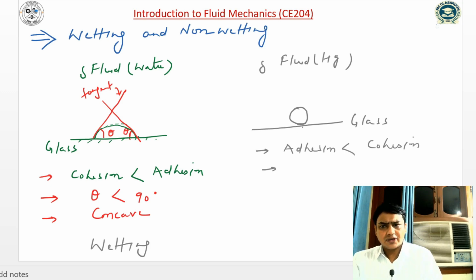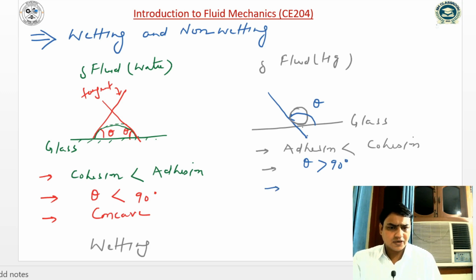Second, if I draw the tangent on this surface, what will be the angle? This angle theta is greater than 90 degrees, and the nature of the curve on this surface will be convex. Then such a phenomenon is called non-wetting.